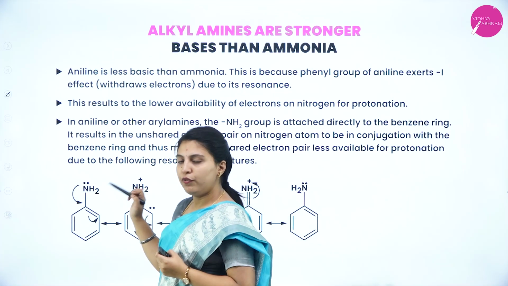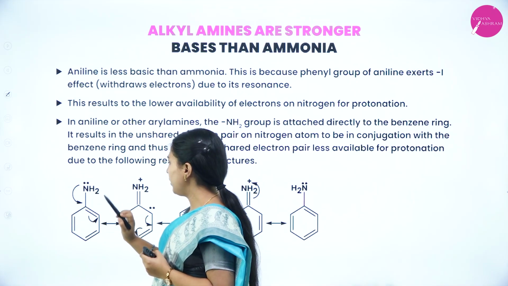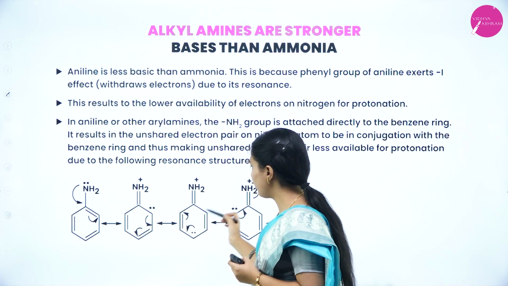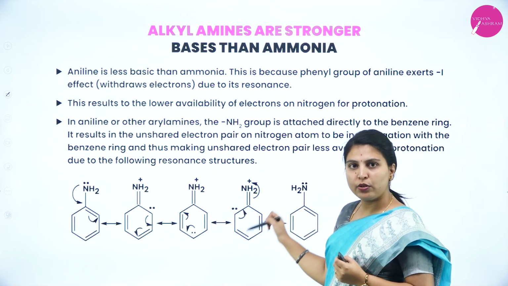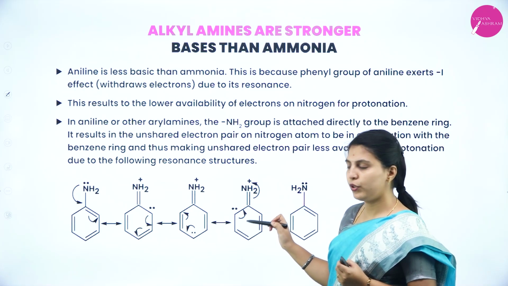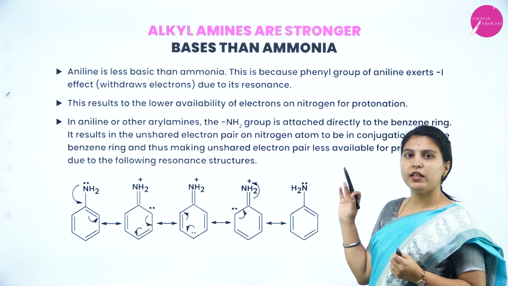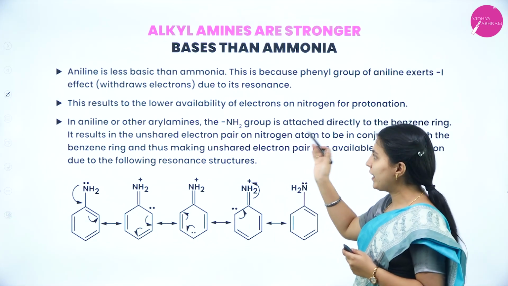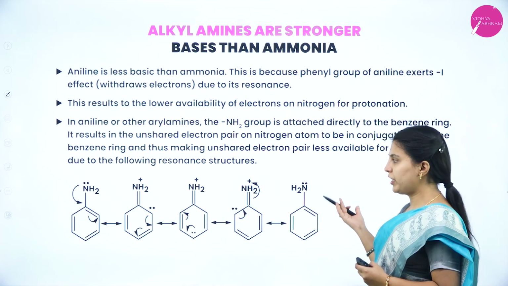So it will be involved in resonance, and the lone pair will move into the benzene structure, and resonance will start, and it will return to the nitrogen itself. Correct? You know how to write the resonance structures of any molecule. That's why aniline, which has a phenyl group, is less basic compared to ammonia.